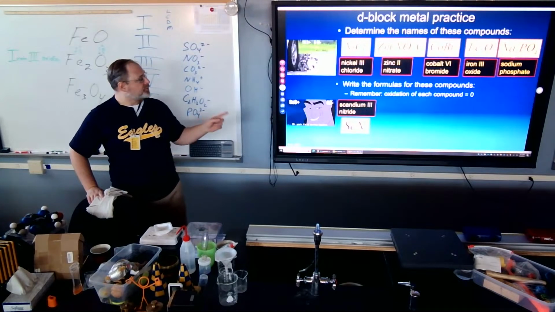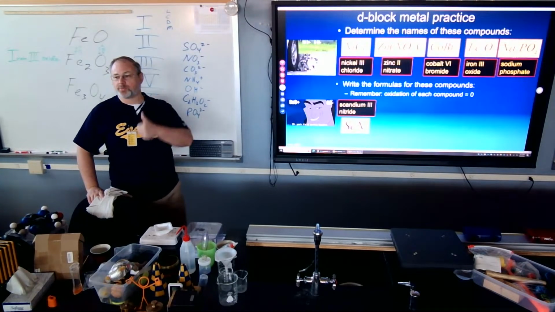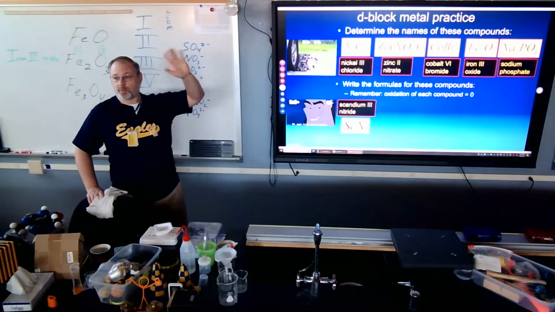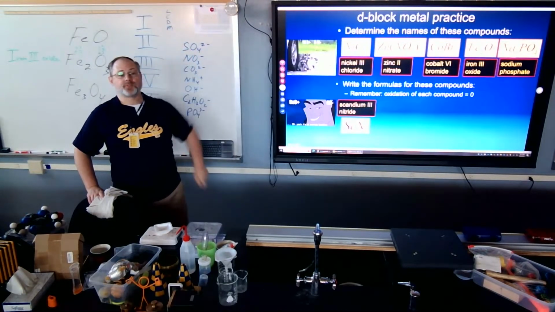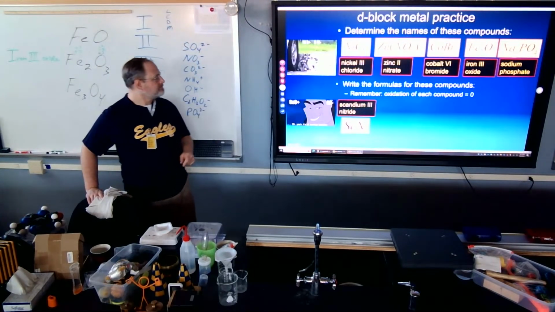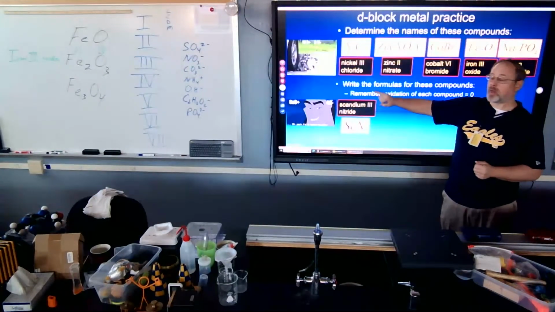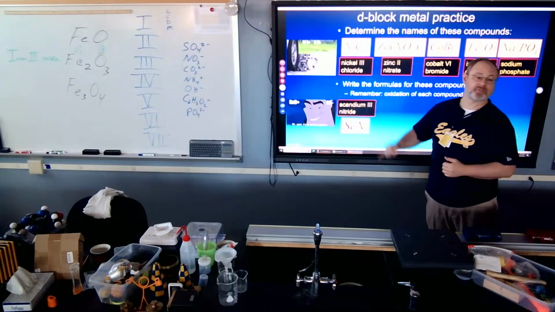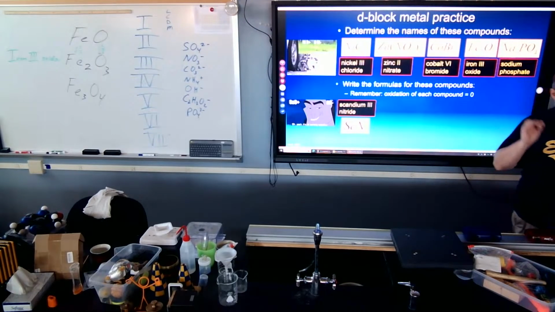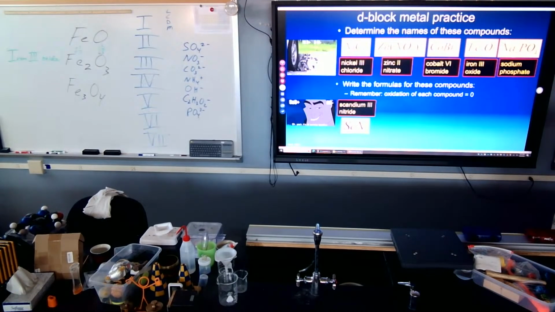Okay, if you can see why it's just ScN, give me a thumbs up. If any part of this is unclear, wave your hand around so I can explain. Okay, so don't play video games while I'm talking. Pay attention to everything we do. Scandium is a D-block metal. The 3 after scandium tells us that D-block metal has a plus 3 charge.